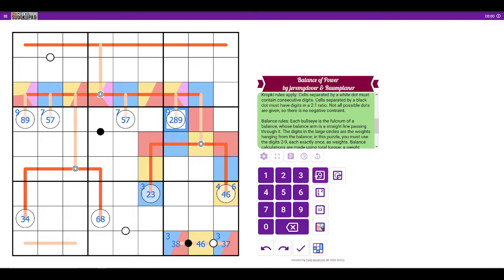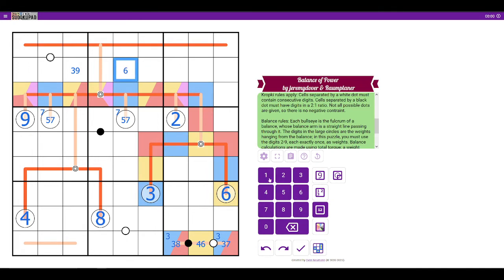Can this be a 2? If we do 2, then that's 3, 6, 4, 8, and might actually cause this side to weigh too much. Then that has to be a 9. That's 12 plus 27 is 39. Then we have 6 plus 9 times 4, which is 36.